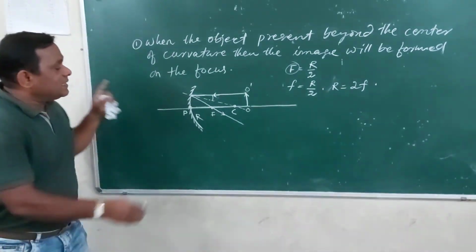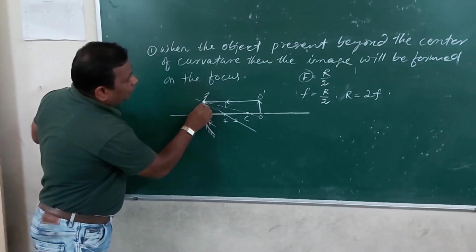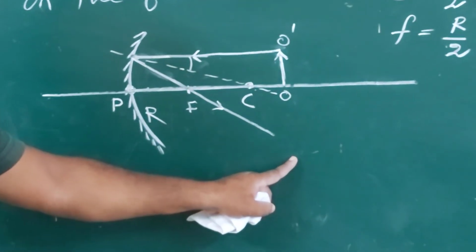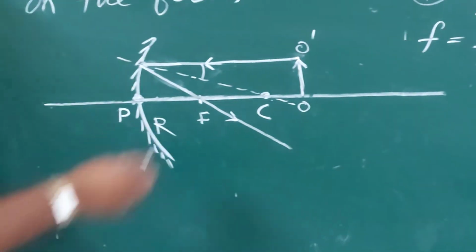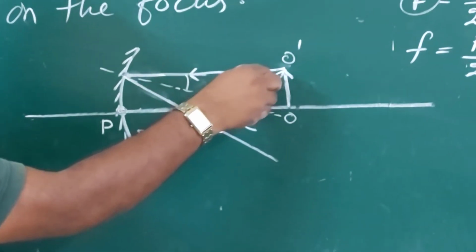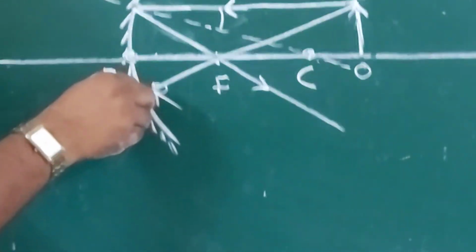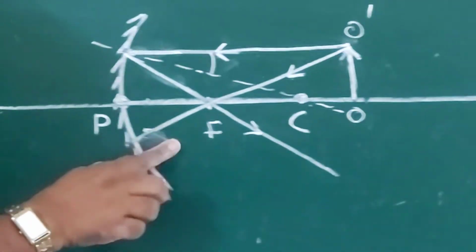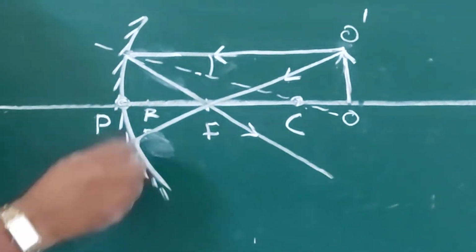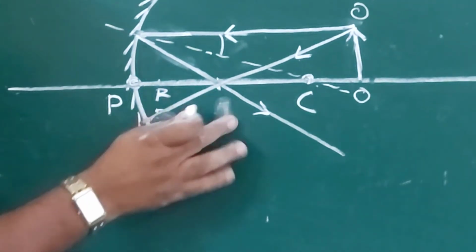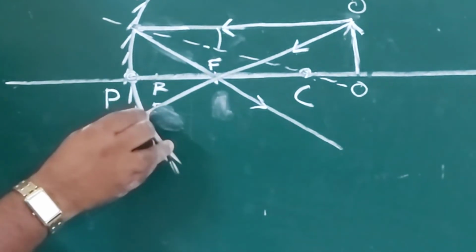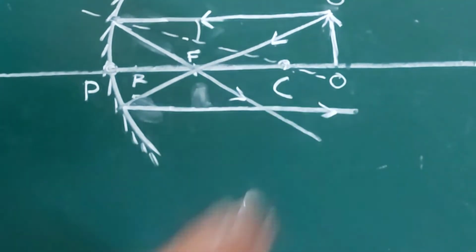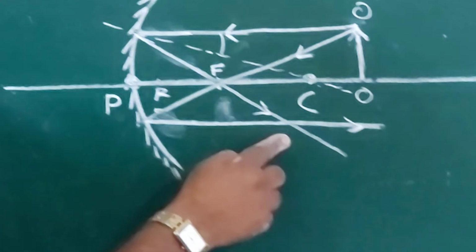That means when the incident light ray is parallel to the principal axis, the reflected light ray will pass through the focus, right? And when the incident light ray passes through the focus like this, then what will happen to the reflected light ray? The reflected light ray becomes parallel to the principal axis.